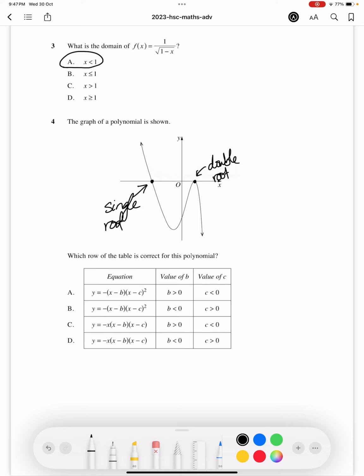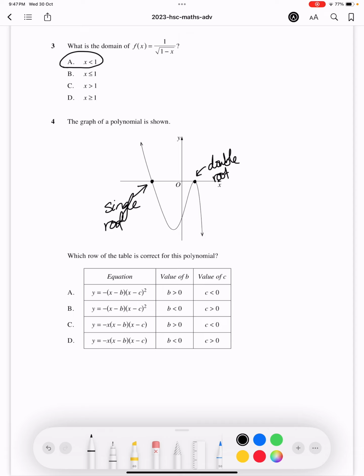But a double root is different, because a double root exhibits its bounce sort of behavior. So a double root is obvious when you see a part of the curve touching the x-axis at a certain point. Still an x-intercept, but it simply bounces off and continues on.